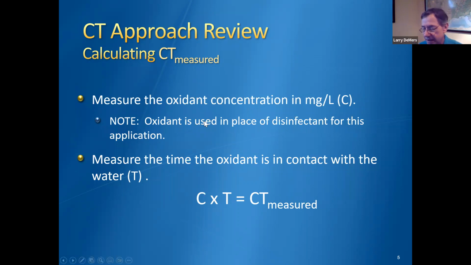I did have a series of other slides in this presentation that are a CT review. I've moved them to the back of the presentation. They're still there as a reference. But to save a little bit of time, as I said at the beginning, I'm going to skip over that. I will say this: it is the same.